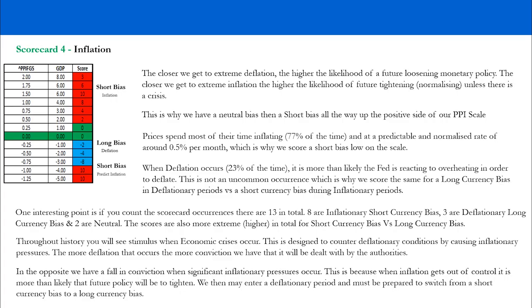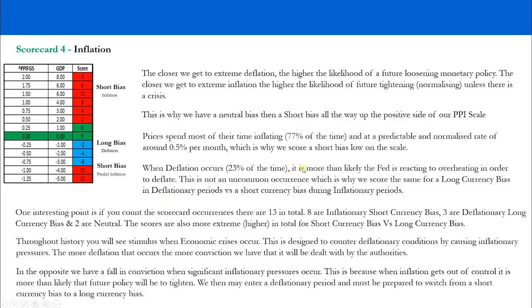And this actually isn't an uncommon occurrence. So deflation itself is why we score the same for a long currency bias in deflationary periods versus the short currency bias during inflationary periods. So we can see here in deflation we have a -2 and a -4, and here we have a +2 and a +4. So within these normal bounds.